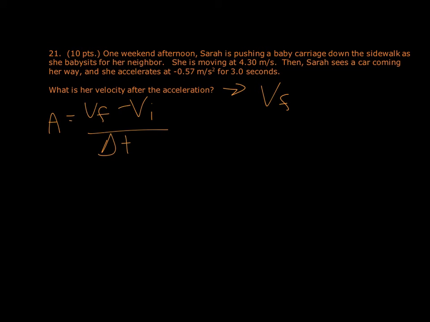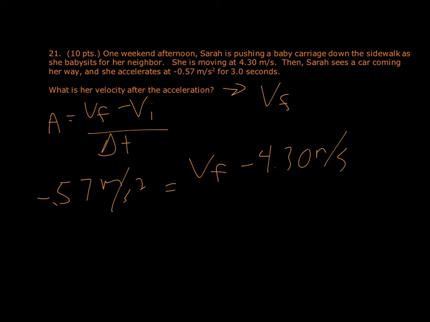We have the acceleration. It's negative 0.57 meters per second squared, and that equals the final velocity minus the initial velocity, which was 4.30 meters per second, and the elapsed time was 3.0 seconds.